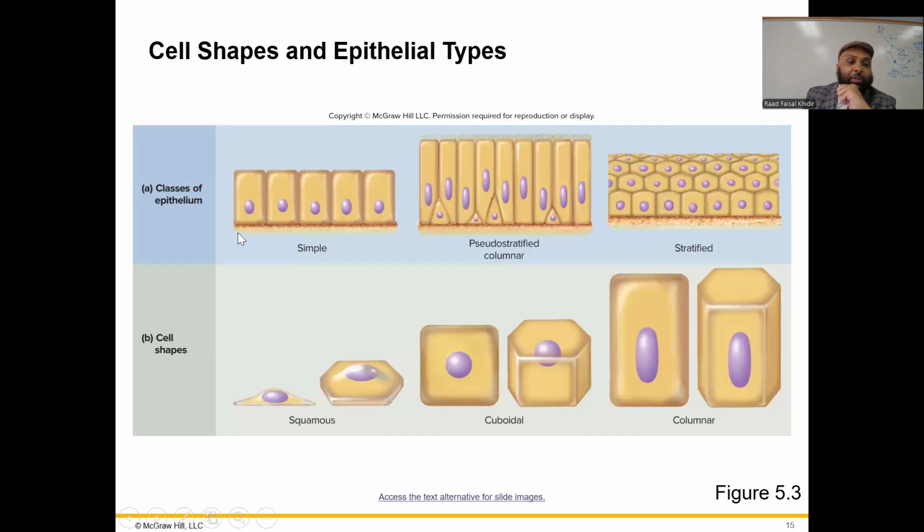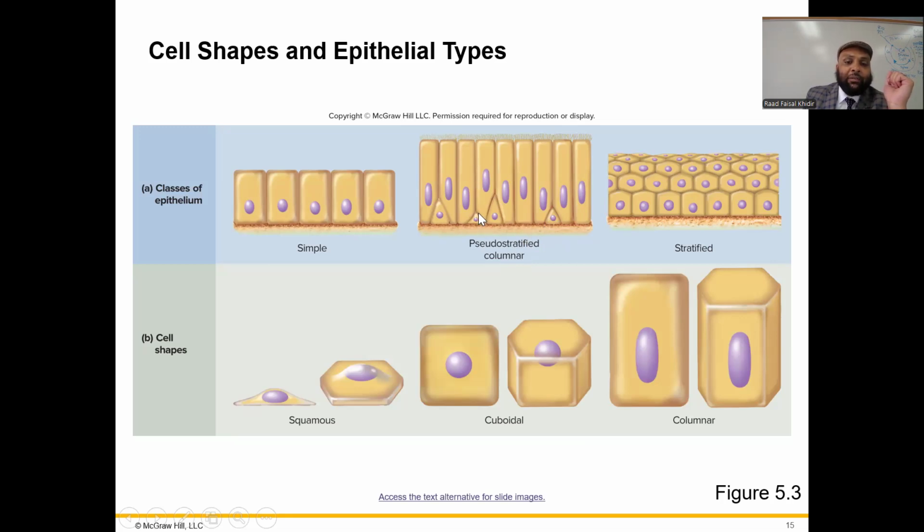You see, in simple epithelium, every single cell, 1, 2, 3, 4, 5, is bound to the basement membrane, while in stratified, some cells are bound but the others are on top of each other. And in the pseudo-stratified, you have half and half.